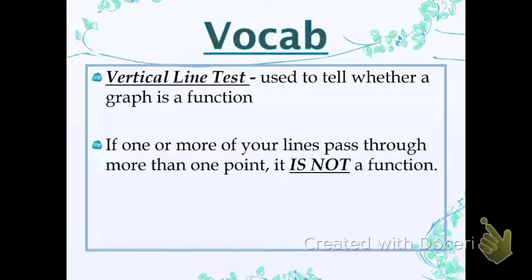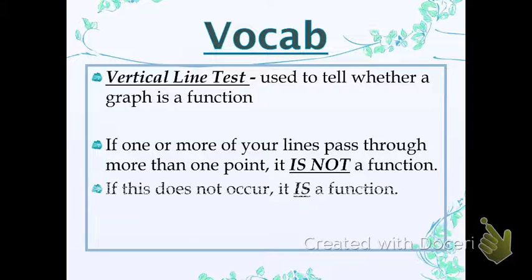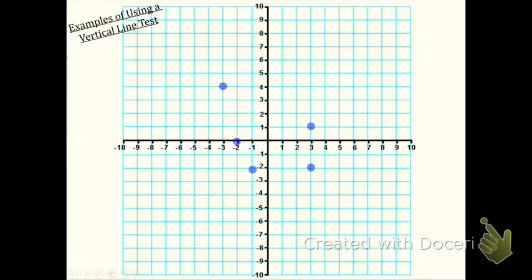But if you could draw one vertical line that hit more than one point, then it would not be a function. So in this example, I could draw a vertical line here and only hit one point, but here I end up hitting 2 points. That makes this not a function.